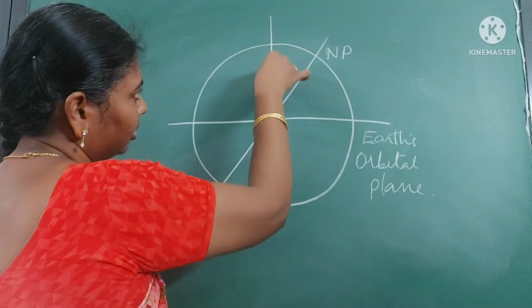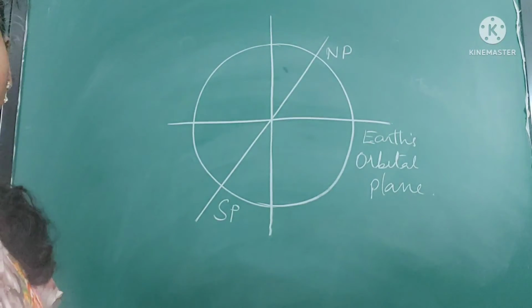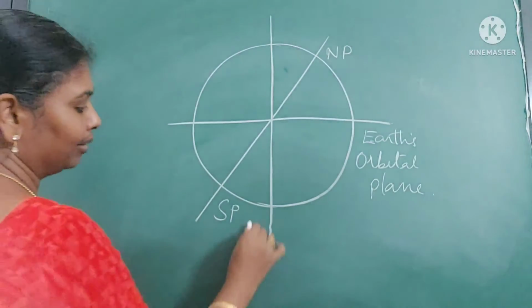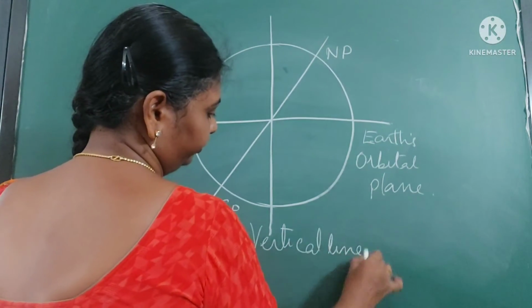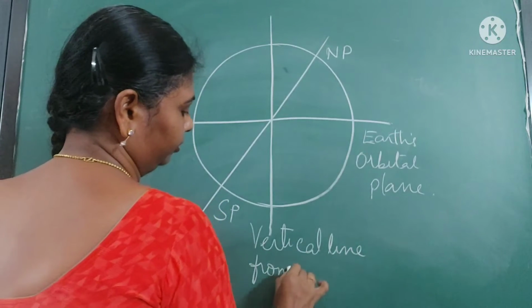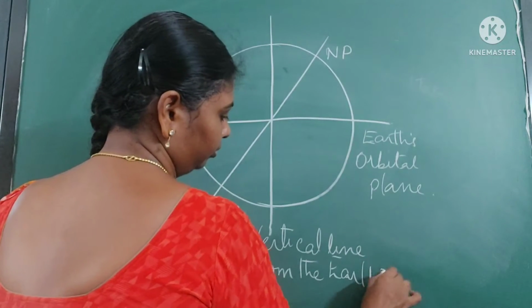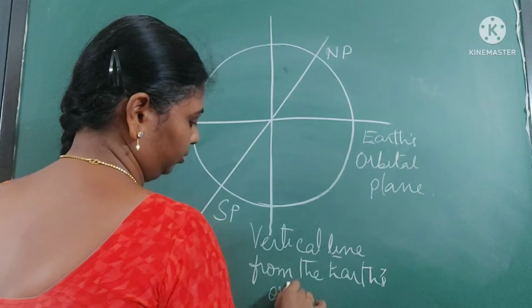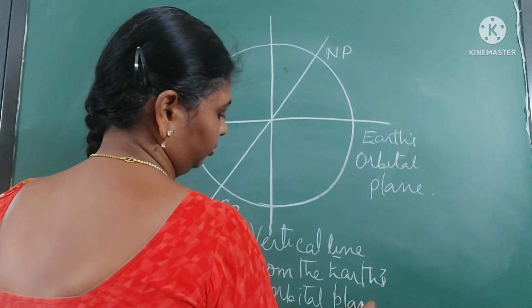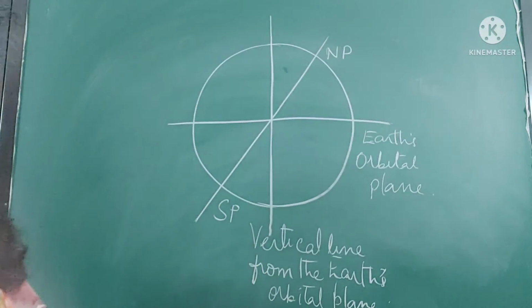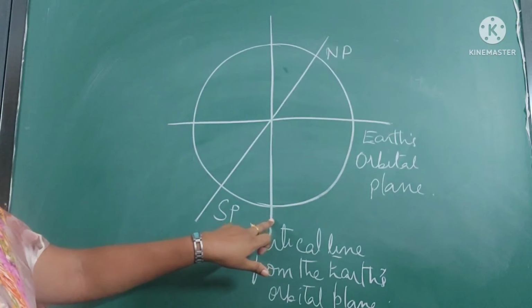And this is a vertical line drawn from the Earth's orbital plane.